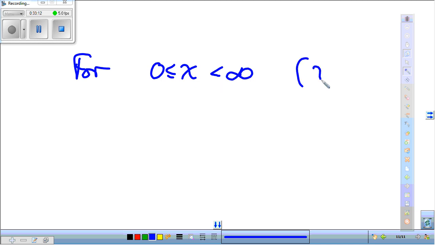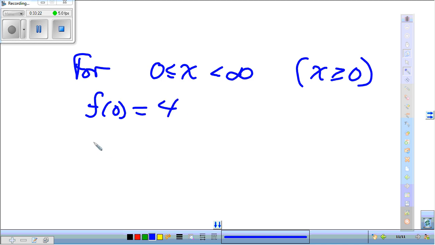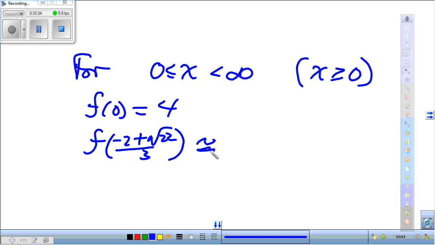So we could have just written this X bigger than or equal to 0. So now we want to check the endpoint, which we did at 4. And again, the only critical value bigger than 0 was the -2 plus square root of 22 over 3. Was that approximate -5.